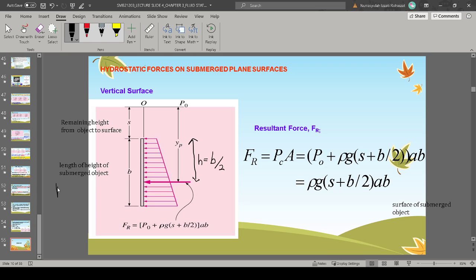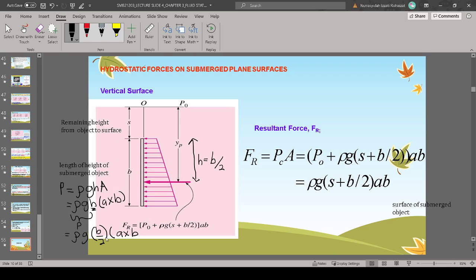So when we do the formula, pressure equals rho g h, and the force is rho g h A. Same formula, rho g h is your pressure, your area is the same, A times B. However, for your height, you should know that it's only acting at half of the height, so it should be rho g b over 2 times a times b.